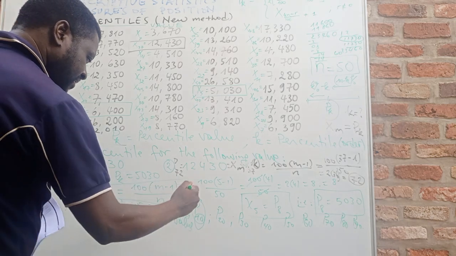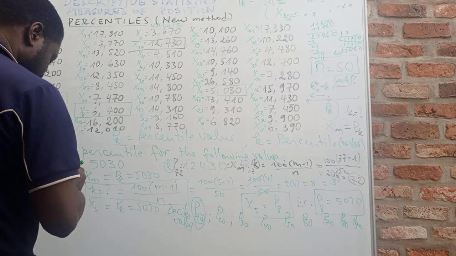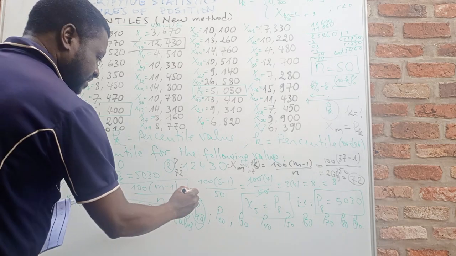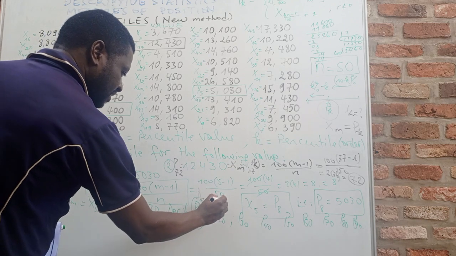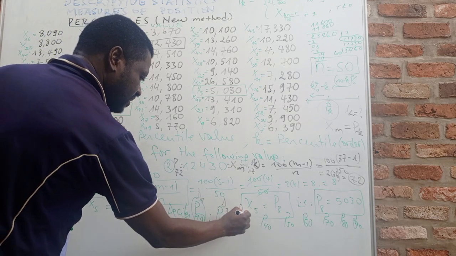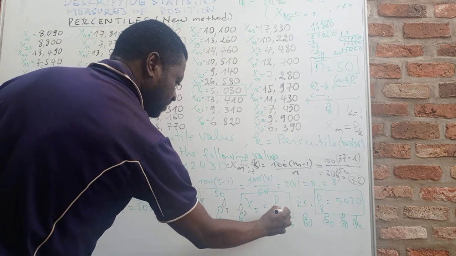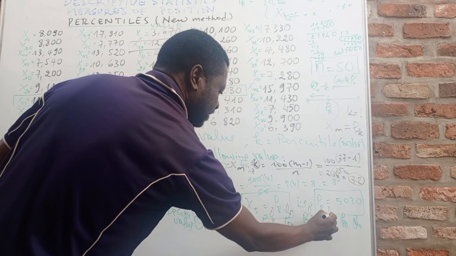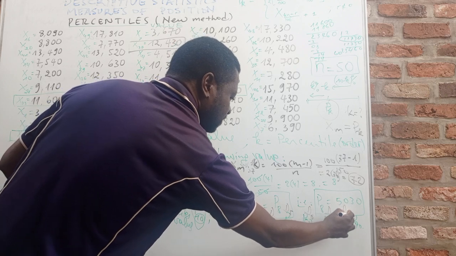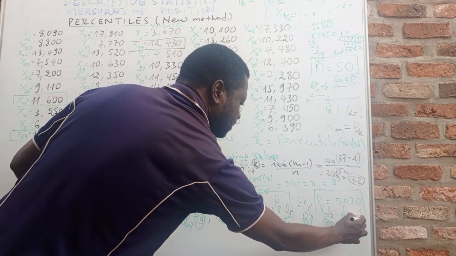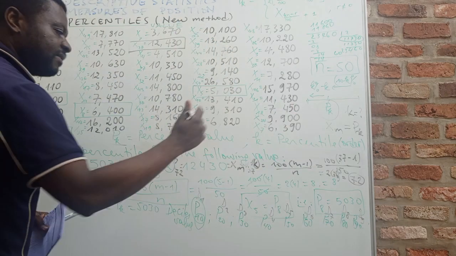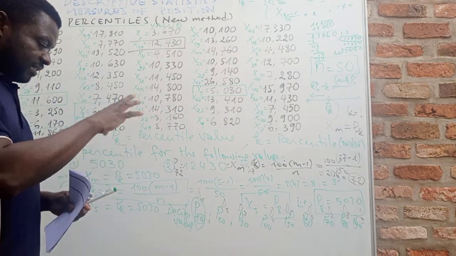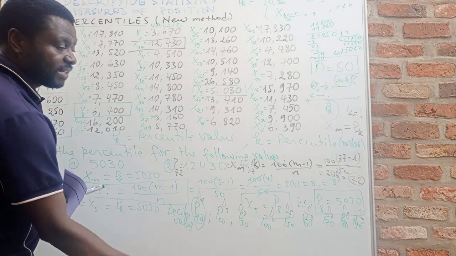So it becomes decile of order 1, decile of order 2, of order 3, of order 4, of order 5, of order 6, of order 7, of order 8, and decile of order 9. There are no other deciles. Okay, so all of this will be talked about next time.